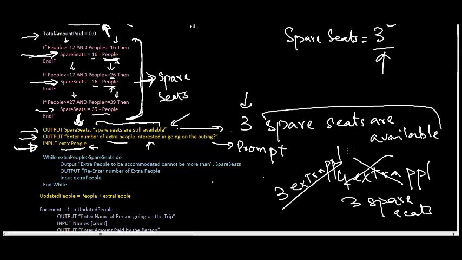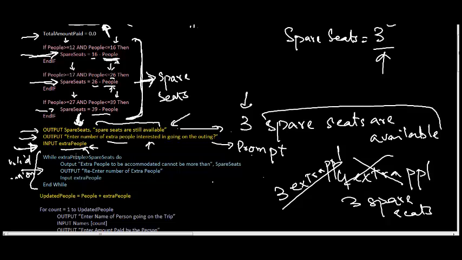That is why we are doing validation here. This is validation. We are trying to validate the number of extra people that have been entered by the user. So we are saying while the extra people that have been input are greater than the spare seats, there is something wrong.